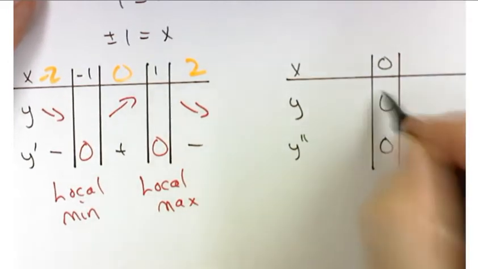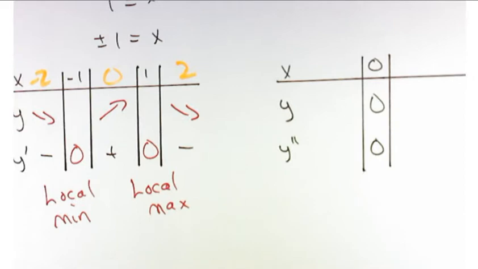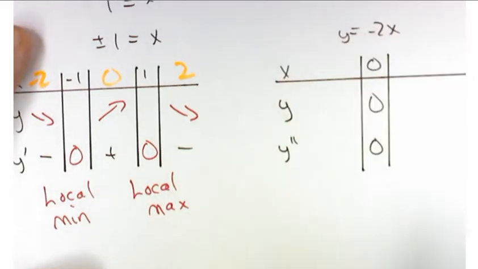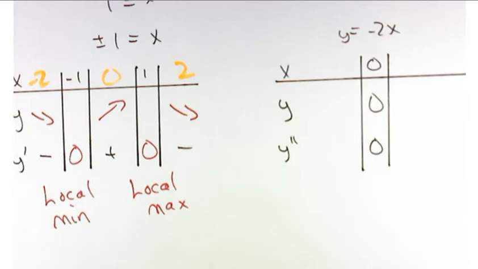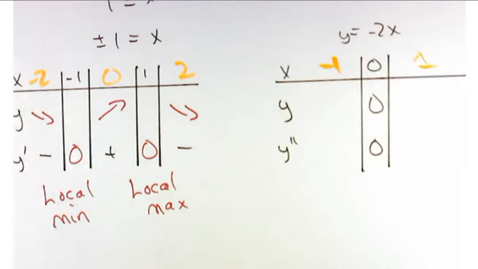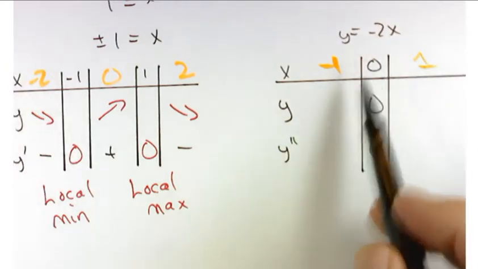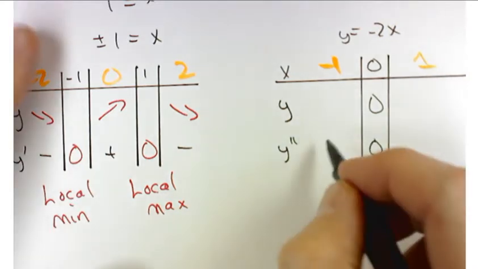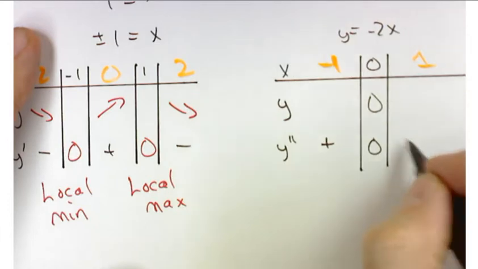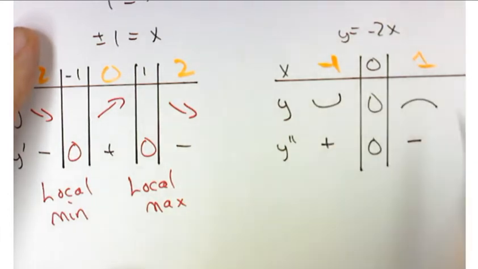The function itself is also 0. So for y double prime equals negative 2x, let's test some points to the left of 0 and to the right of 0. To the left of 0, what's the sign of the second derivative? Positive. So that means it's what? Concave up, and then negative, concave down.